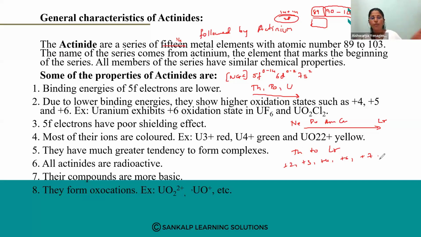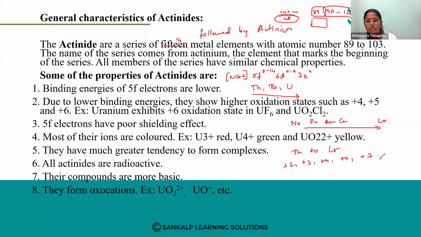Variable oxidation states occur when there is not much difference between the energy levels of the orbitals. When the 5f orbitals have comparable energies, some electrons can be lost from the n minus 1 and n minus 2 levels, and then variable oxidation states appear. So 5f orbital electrons also participate in bonding.